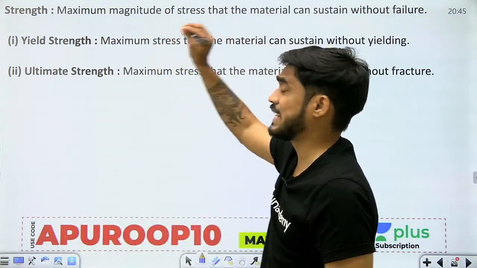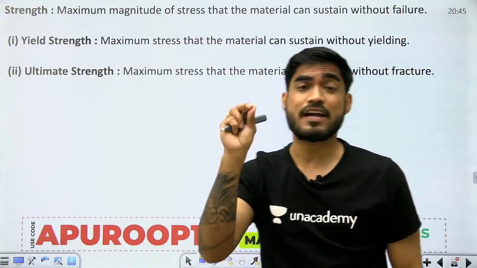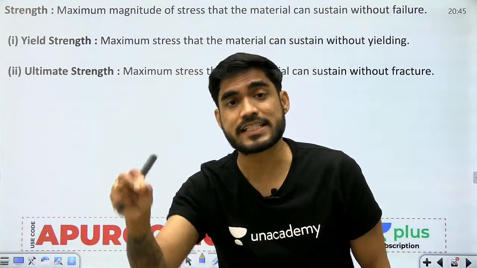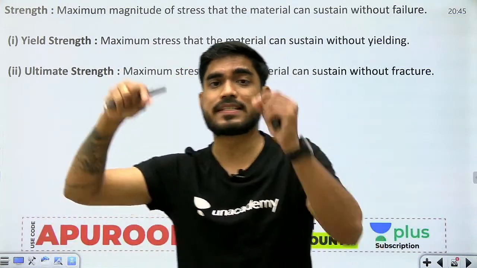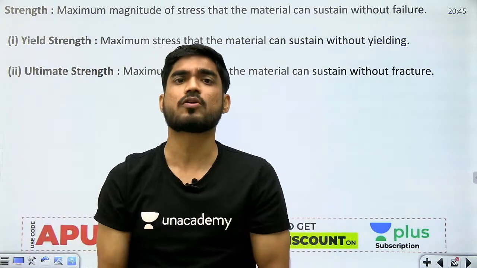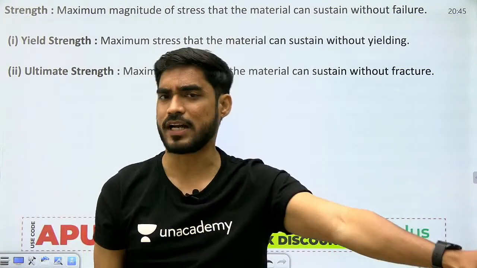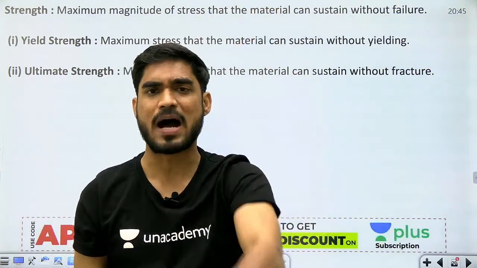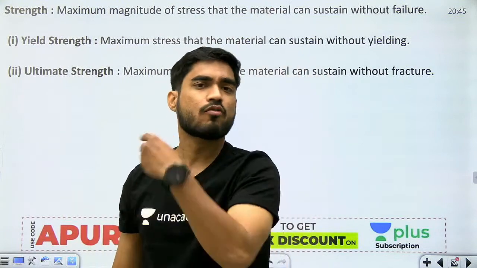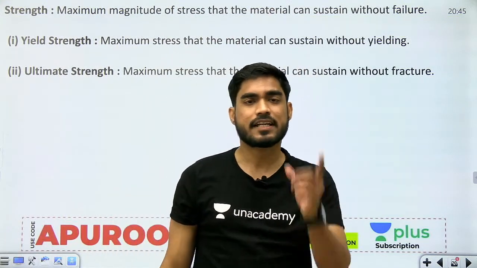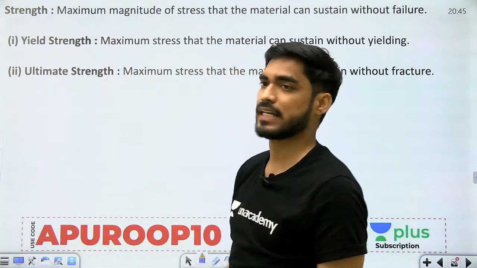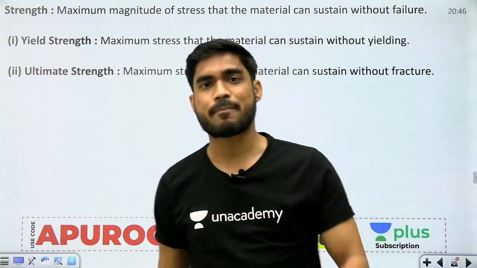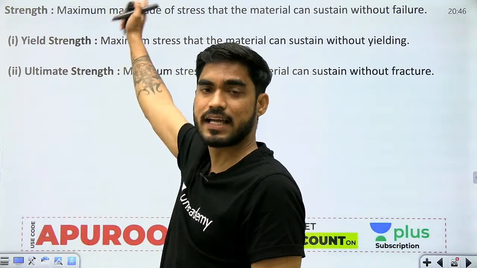So this property is very important when you are designing a machine element. जब भी आप किसी एलिमेंट को, किसी भी कंपोनेंट को डिजाइन करते हो, whatever component it is, a beam, a bar, a column, a shaft, whatever component it is, you need to know the strength of material so that the maximum stress is always less than this.